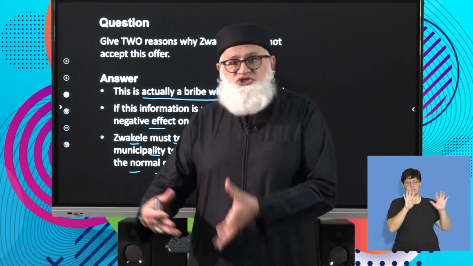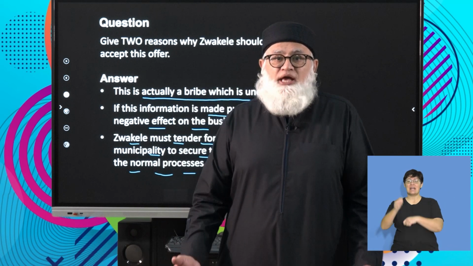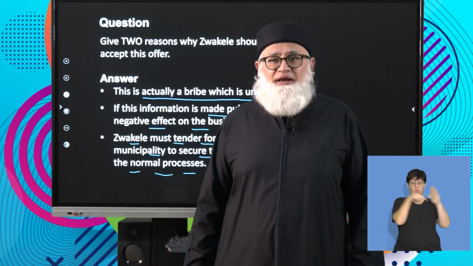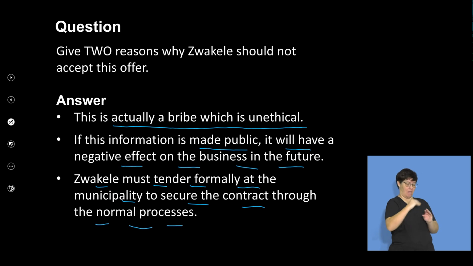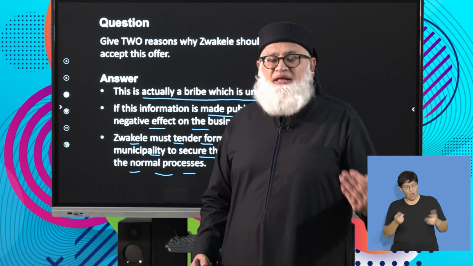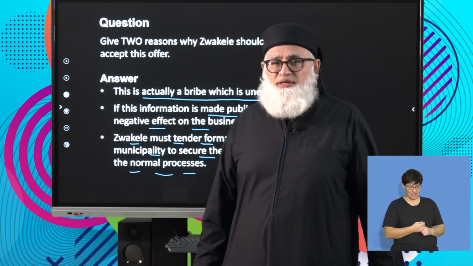The business is not benefiting. Yes, they're benefiting with the sale, but the municipality is actually losing out in the long run. So what do we have to do here? We have to follow the normal, formal procedures, and in this way, you can clearly see that it will be beneficial to everybody and the entire economy.